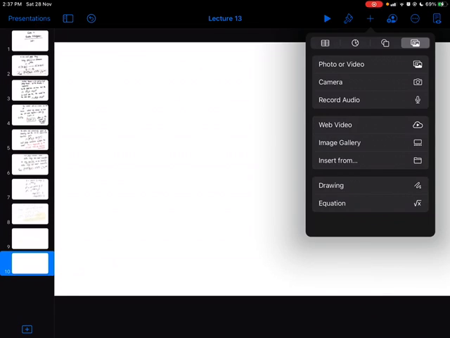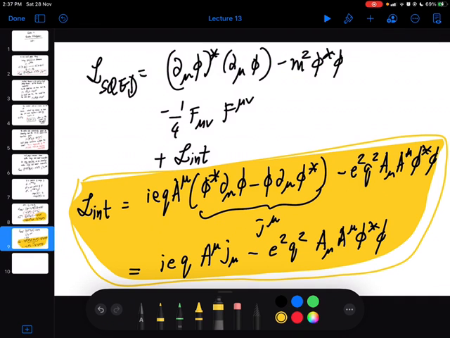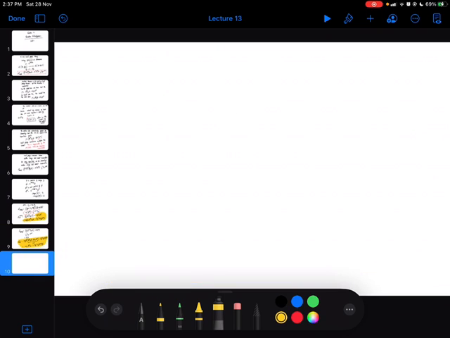All the interactions which we know in nature appear as current and current interactions. You see this A mu, which is like a 4 vector, exactly transforms like a current. Let's look at L interaction again in more detail.